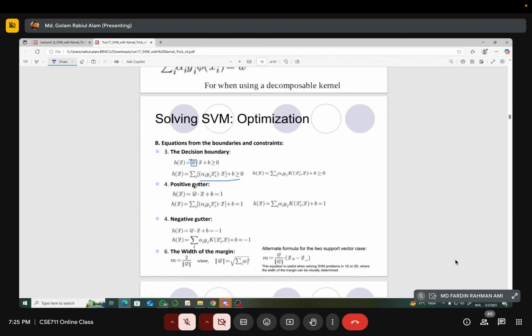Similarly, for the equation of the positive gutter, if we just replace the value of W, then the positive gutter equation will be this one. For the negative gutter, if we put the value of the W, then this one will be the equation of our negative gutter.